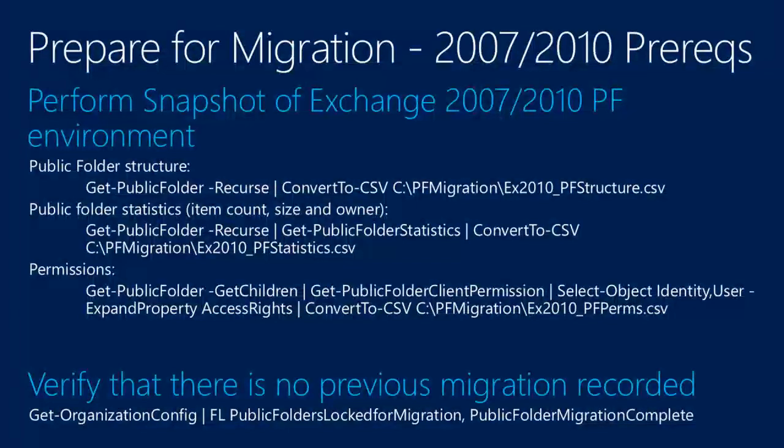And last, before actually attempting the migration, you have to make sure that there is not an existing public folder migration or migration request that was submitted to the queue, because you can only have one at a time.